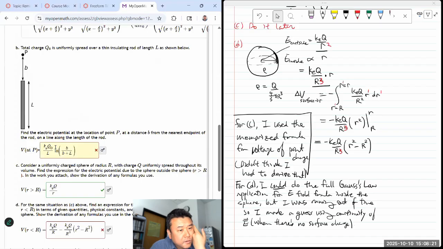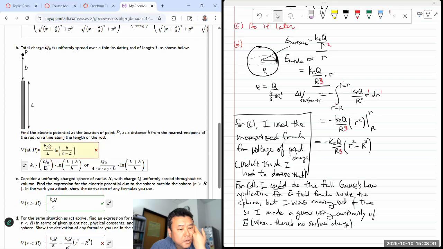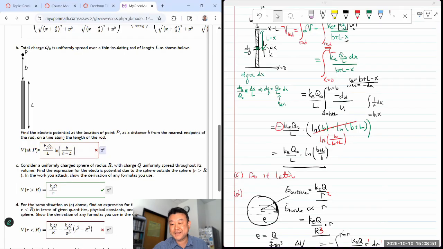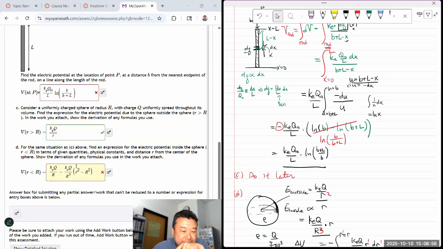This is incorrect. This is incorrect. P nearest. kQ naught over L. Oh, I made a typo. When I was writing it out here, I wrote it correctly here, but when I was typing it, I must have been looking at this, and my brain mixed up the expressions. So it's graded as incorrect, but I contend I didn't make an actual mistake. It's just a typo.